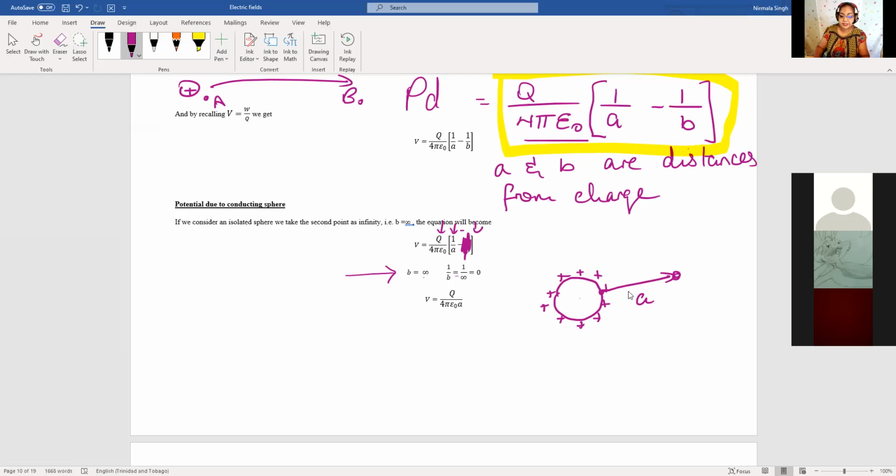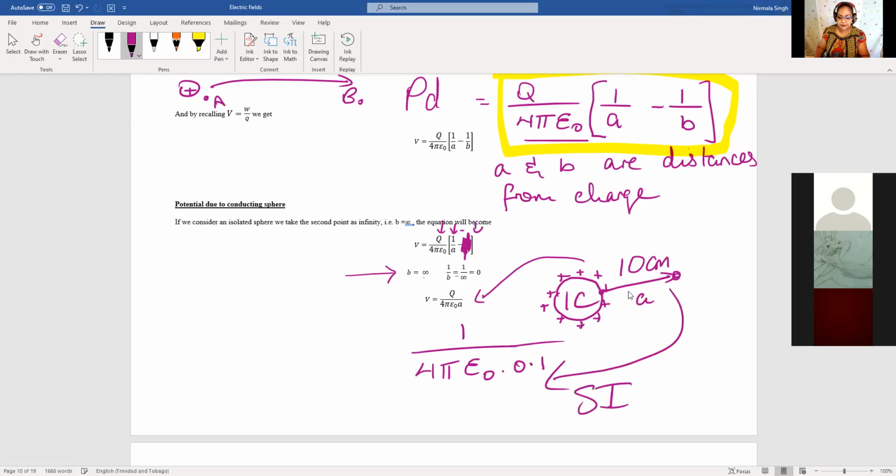So if I want to know what is my potential difference 10 centimeters away from a charge of 1 coulomb, all I need to do is plug my values into here. You're going to get 1 over 4 pi epsilon naught by 0.1. Please remember, you must use SI units. So it's really simple.